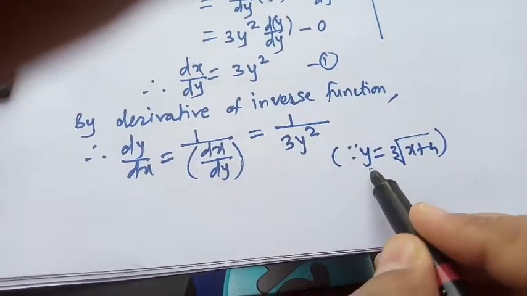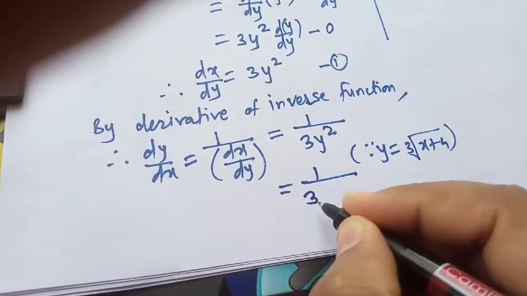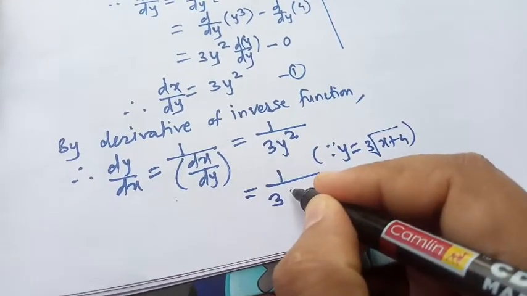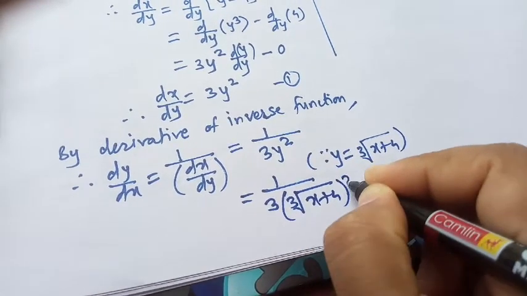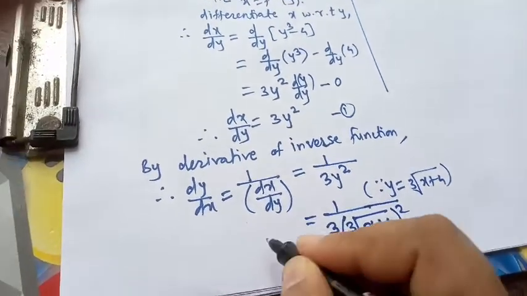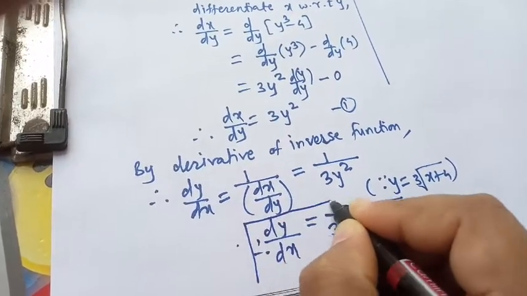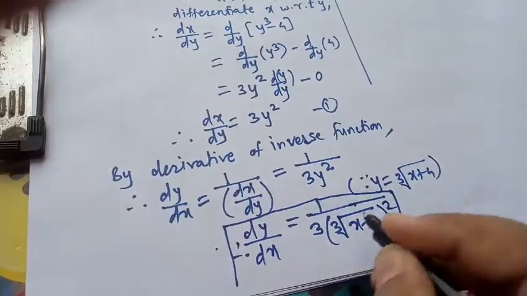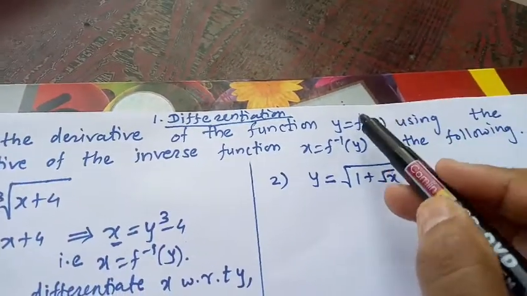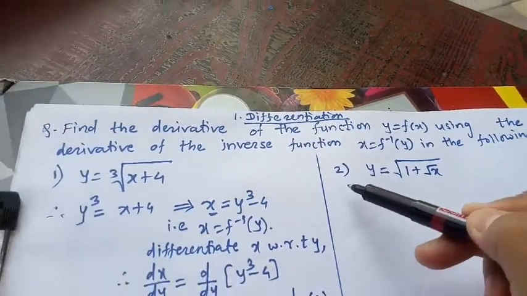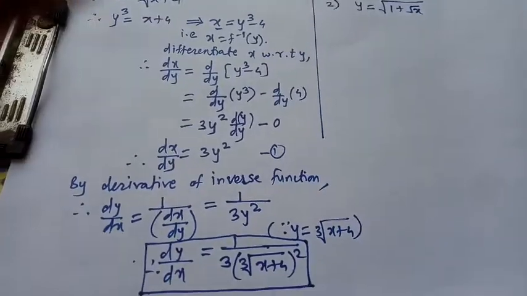Therefore here we can put the value of y in this answer: 1 upon 3 times the cube root of x plus 4, bracket square. And therefore this is the derivative of the function y by using the derivative of the inverse function.